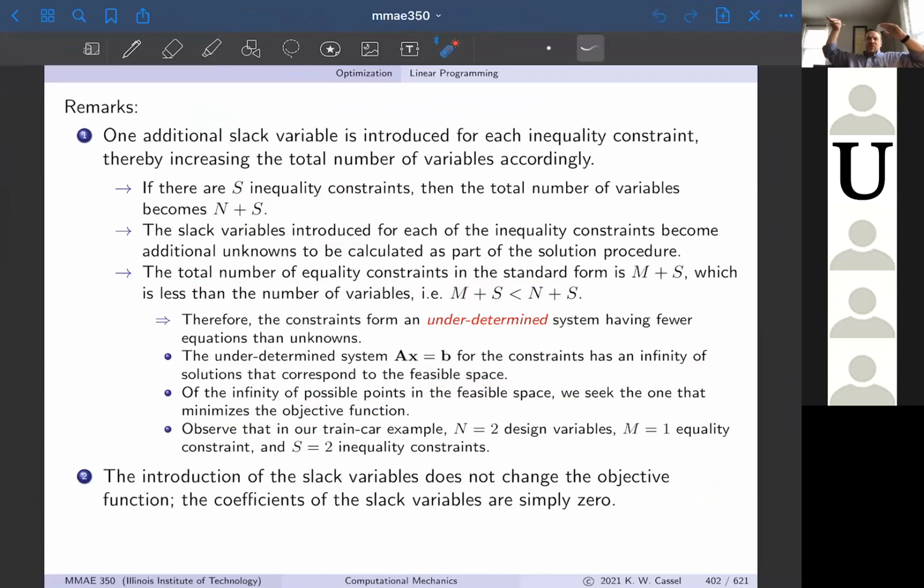Because this is a linear programming problem, those are straight lines, and they're superimposed on the feasible space. And then we look for, as j increases or decreases, in our case to minimize, where is the point in the feasible space that has the smallest j? So that's the superposition of the feasible space with the lines of constant objective function j.